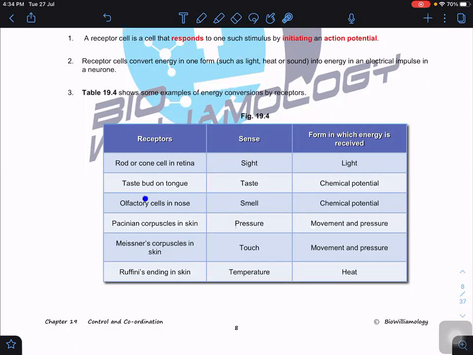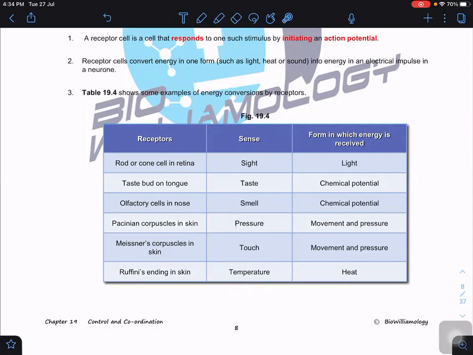Again, we have the olfactory cells, which detect the smell. We have the Pacinian corpuscle, which detects the pressure and the touch. Meissner corpuscle is also for the touch. Ruffini endings of the skin can help us to detect the temperature. So those stimuli will be converted to electrical impulses by the receptor cells.